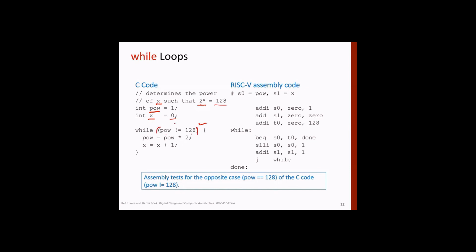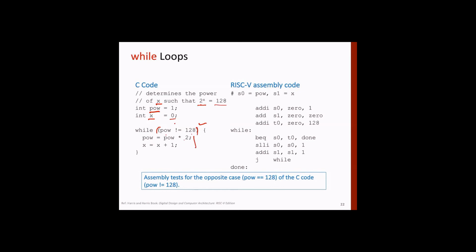Then you execute these statements here: POW becomes 2 and x becomes 0 plus 1, which is 1. The second time POW will become 4 and x will become 2, and so on. Continue doing this until you get 2 raised to the power x. After 8 loops, you will hit the condition where POW becomes 128, then you exit.